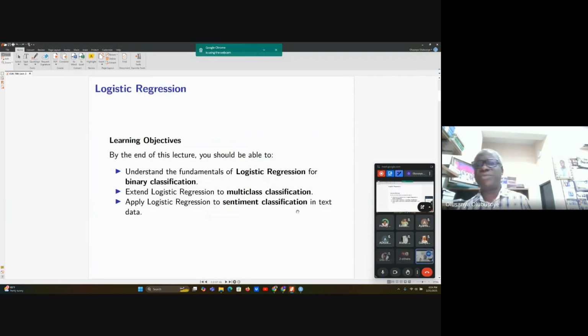So our focus will be on logistic regression. I don't know if you have heard about regression before.